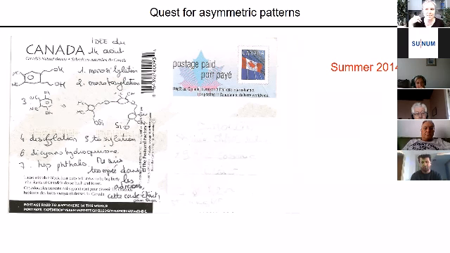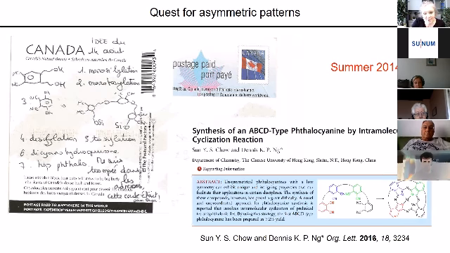And when I was thinking about the synthetic method for it, I realized that I had the possibility to access ABCD phthalocyanine. And I was thinking that if anything happened, I just need to write it somewhere. So I just sent this postcard to my father. And then coming back to the lab and everything, I didn't get the possibility to really work on this synthetic strategy. And 2 years later, it was published by another group, with exactly the same idea.